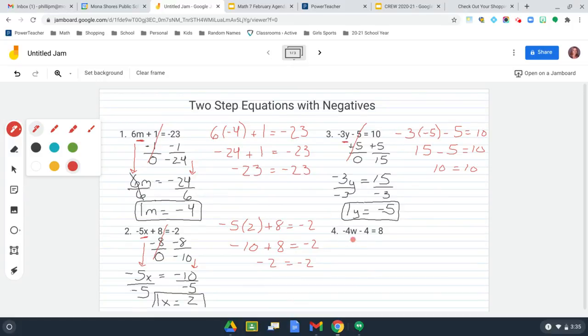Okay, number 4, let's find w. We see it here on the left at the very beginning. I need to get rid of this subtracting 4. So in number 4, we're working on negative 4w minus 4 equals 8. Getting rid of that negative 4. Add 4 on both sides.